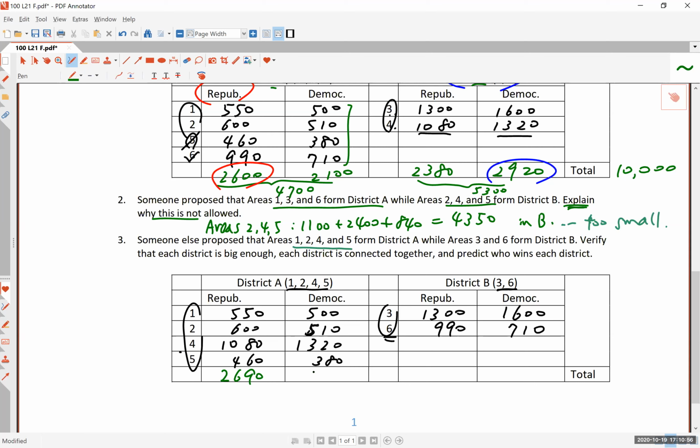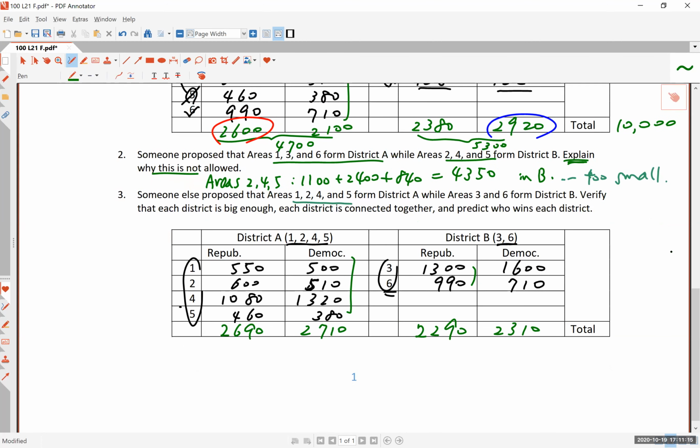And for the blue party registered voters in the new proposed District A, if you add up these numbers here, you get 2710. In District B, you add up these 2 numbers and you get 2290, and here the sum will be 2310.